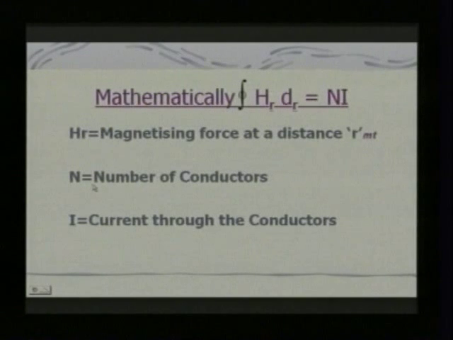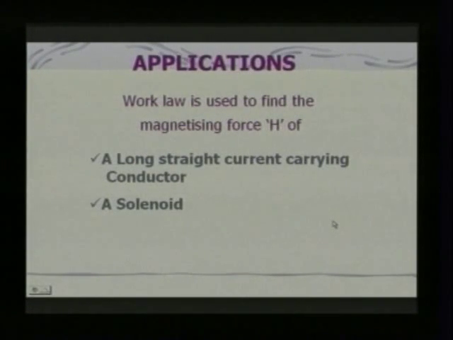N is equal to number of conductors enclosed by the closed path. I is equal to current flowing through the conductors. Now, we will see the applications of work law. Work law is used to find the magnetizing force H of a long straight current carrying conductor and a solenoid.